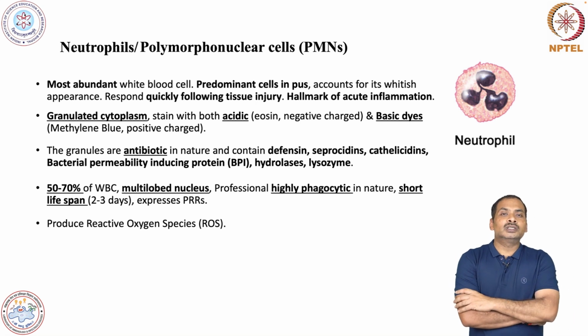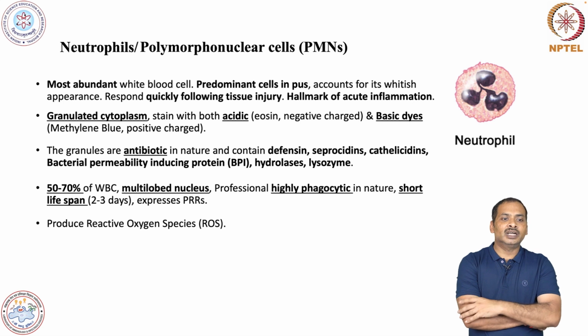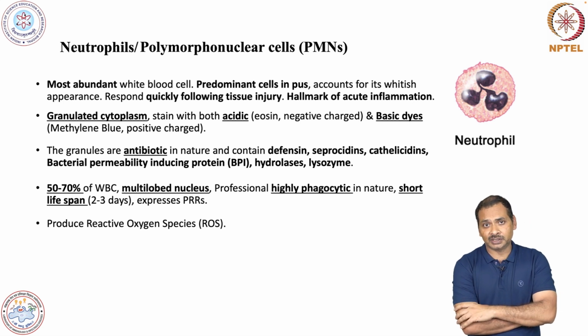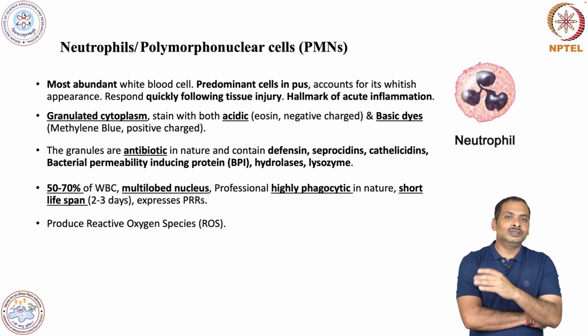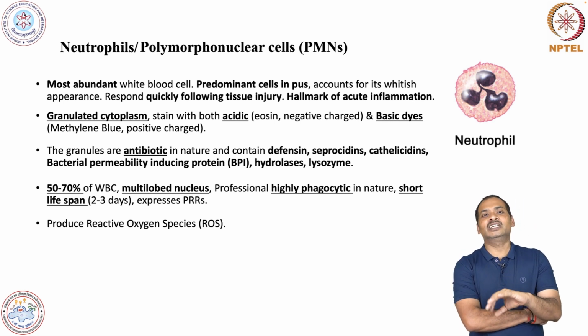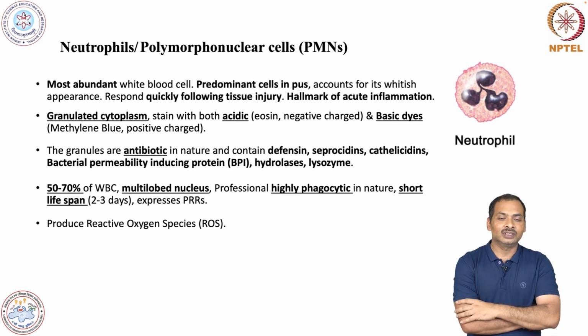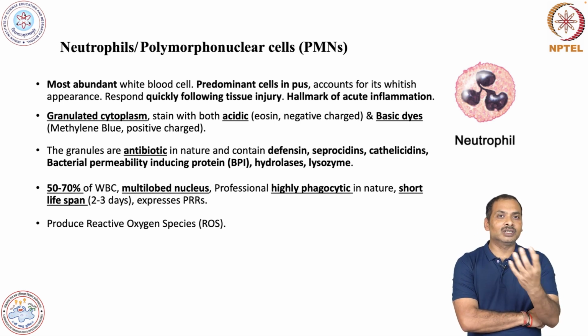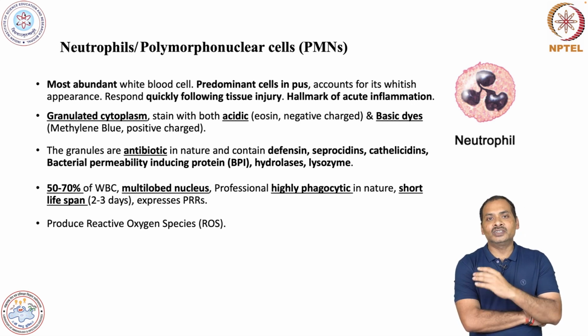They produce the most fatal weapon, that is reactive oxygen species. This reactive oxygen species can react with anything, and you can imagine that it is produced inside the neutrophil, and if the pathogen comes in contact with this reactive oxygen species, then it will definitely die.